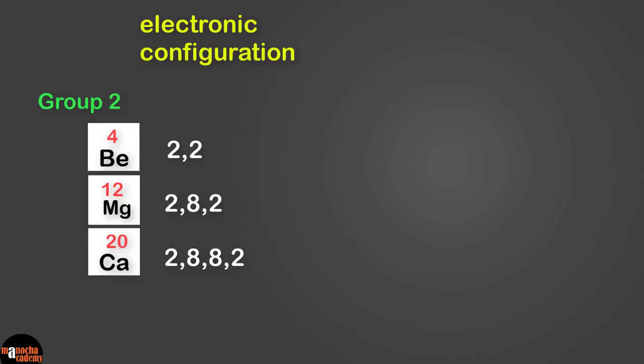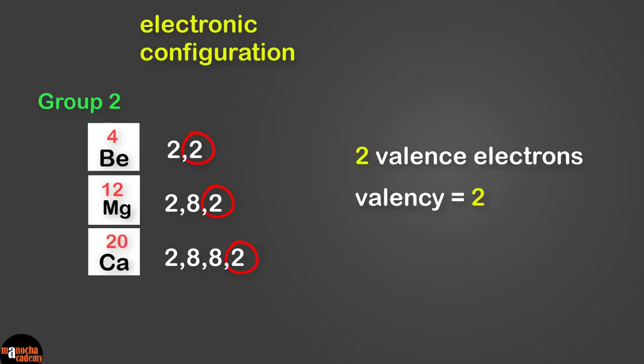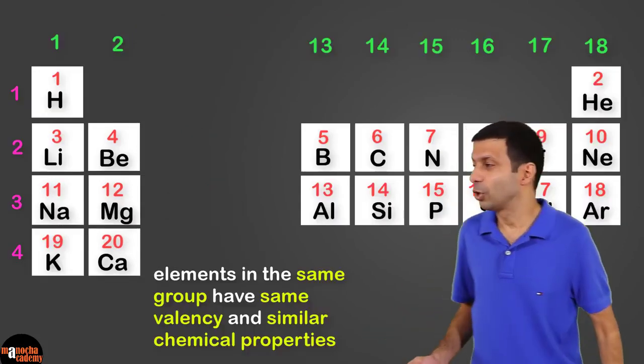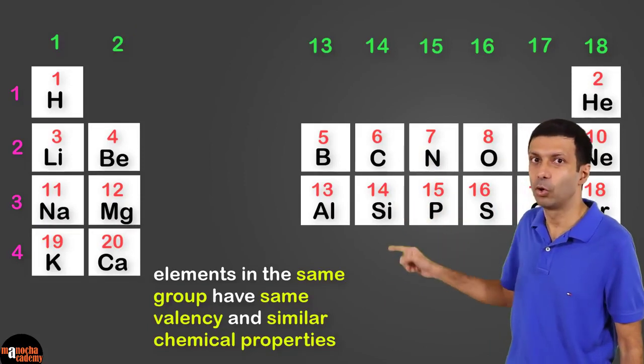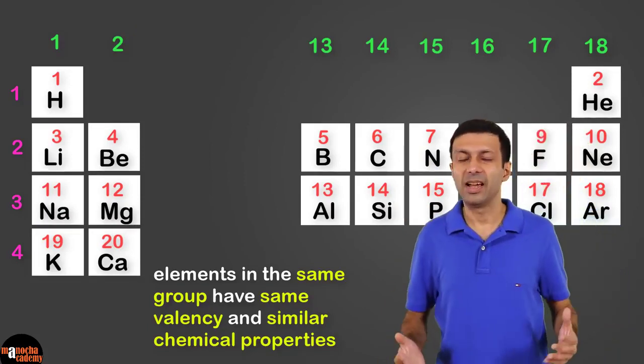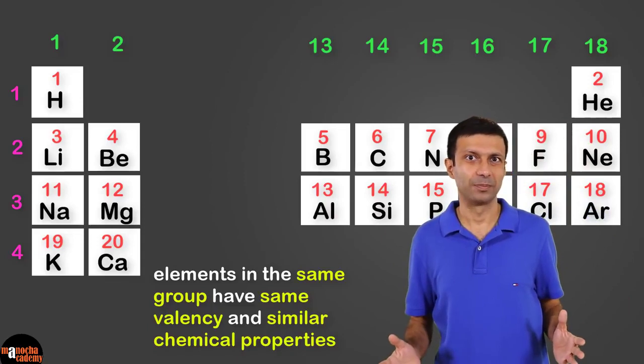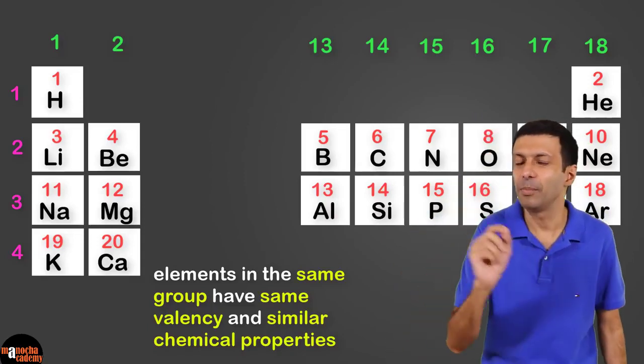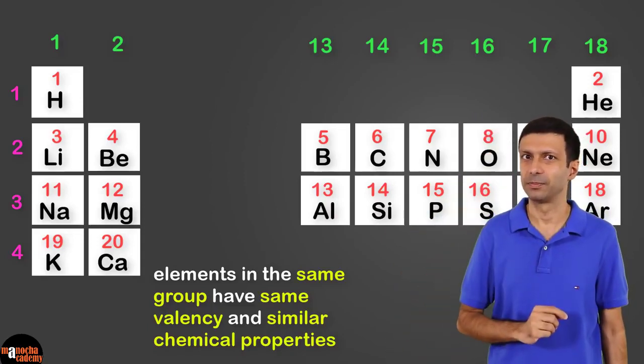So once again you can see all these elements have the same number of valence electrons, which is 2 in this case. So they have the same valency, 2, and hence they show similar chemical properties. In summary, we saw that elements belonging to the same group have the same valency and similar chemical properties because they have the same number of valence electrons.